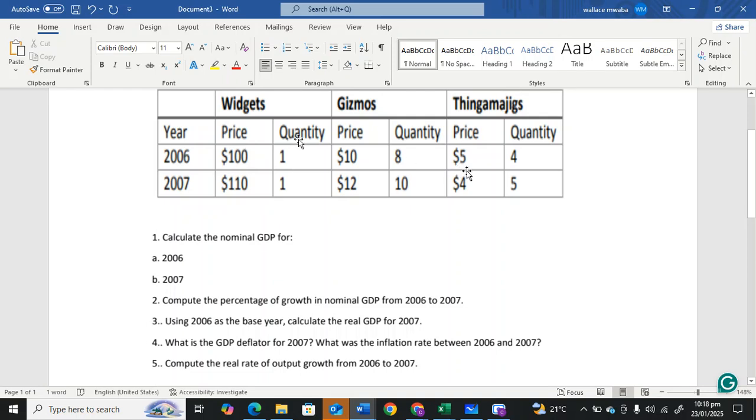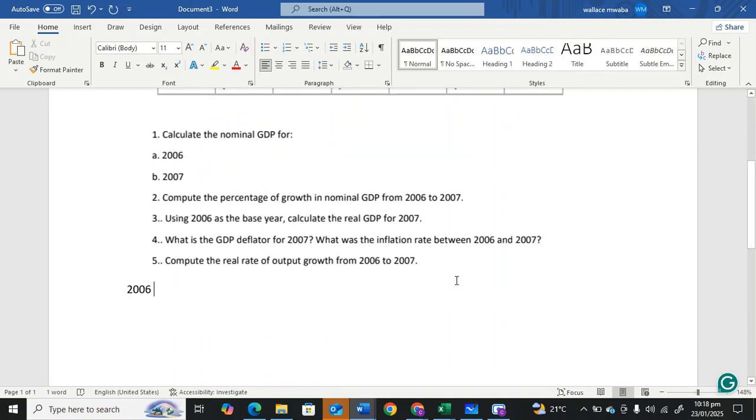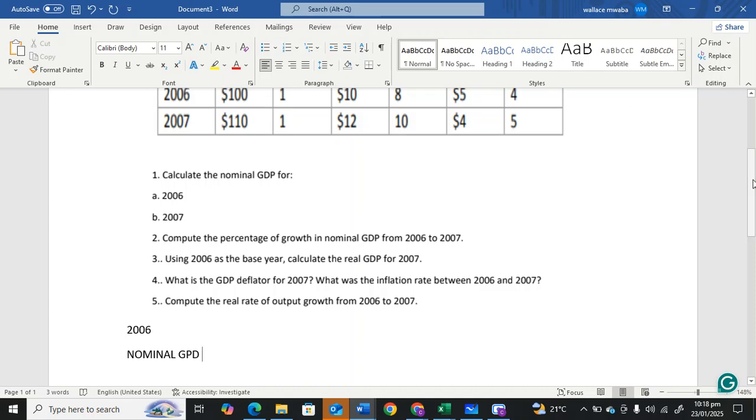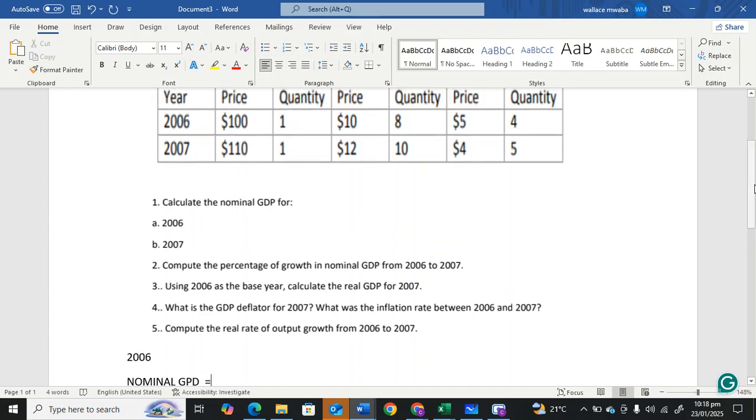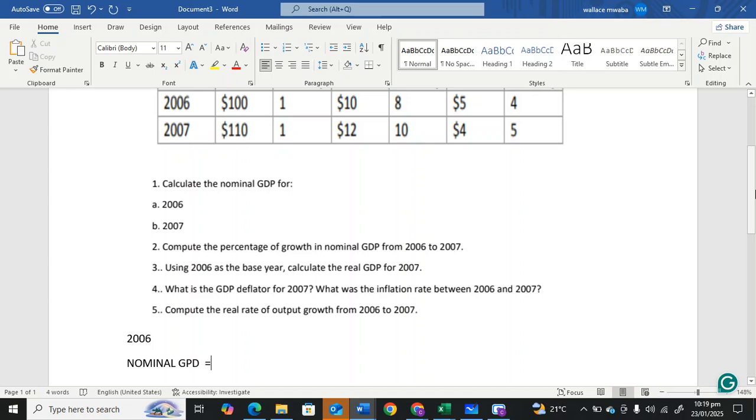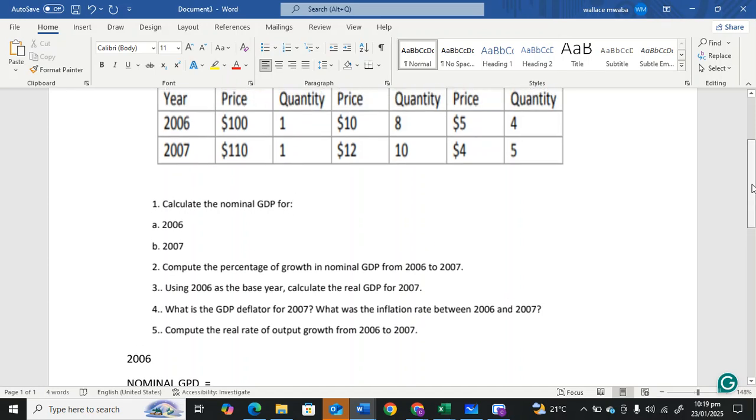One times 100, $100. Another way to think of nominal GDP is the GDP with the current year's prices. That's another definition you find in textbooks.